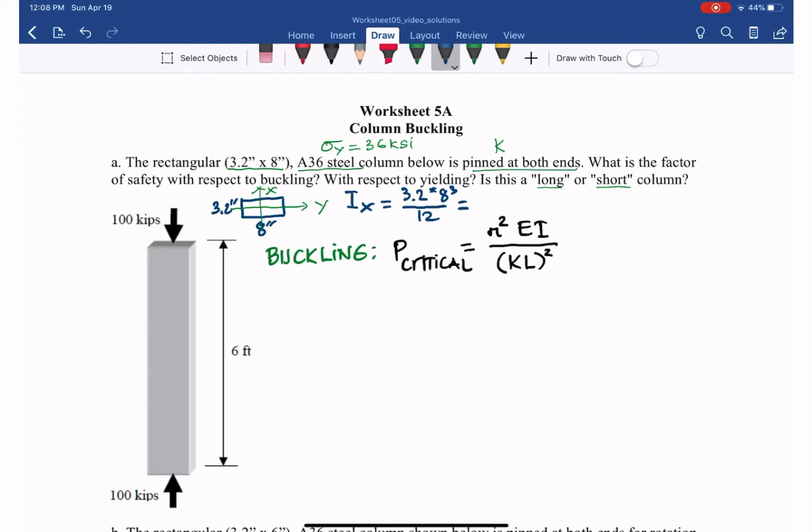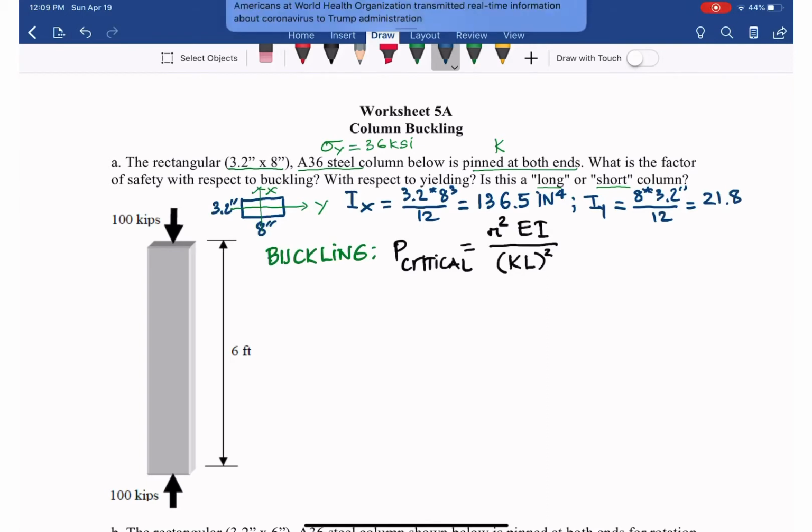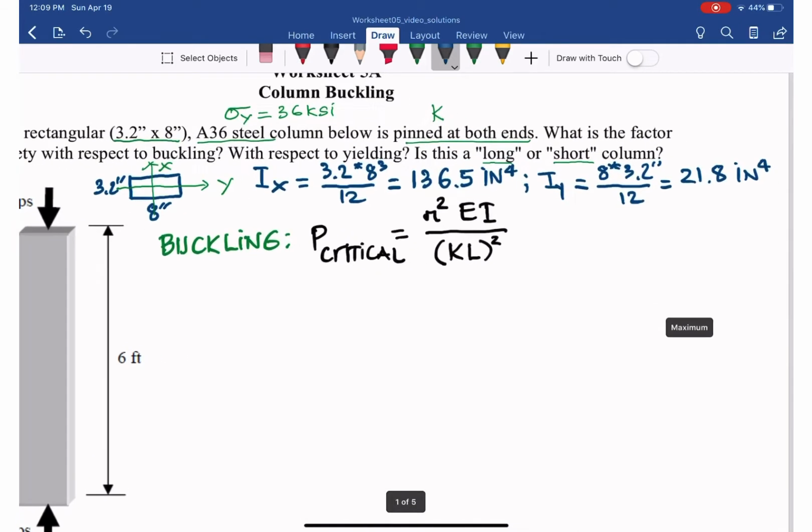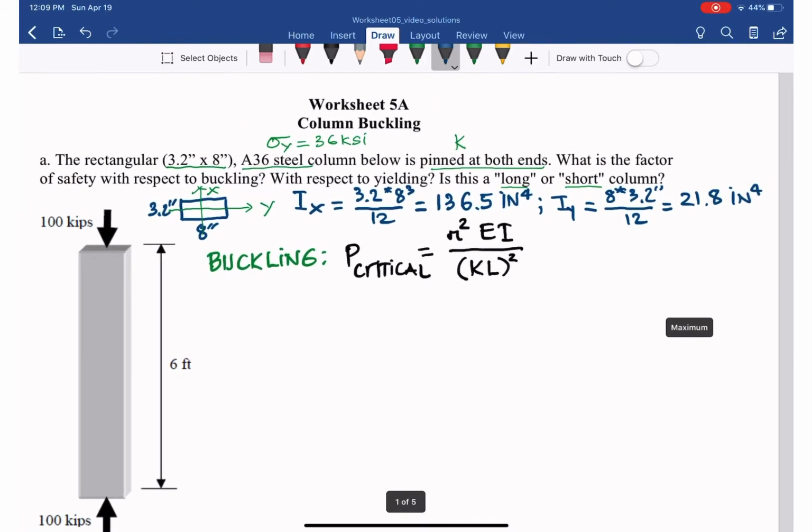We get 136.5, and the unit is inch to the power 4. Now Iy, perpendicular to the width, which is 3.2 inches, so it will be 8 times 3.2 cubed divided by 12, which gives 21.8 inches to the power 4.